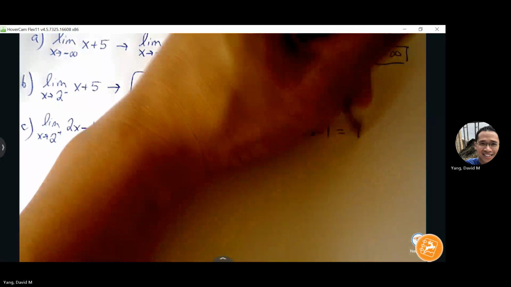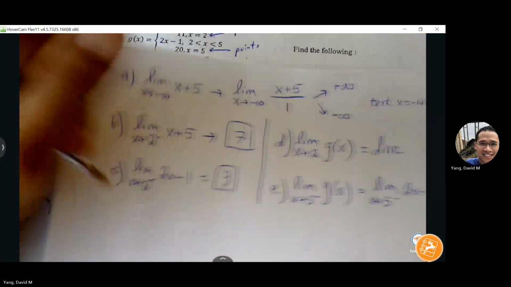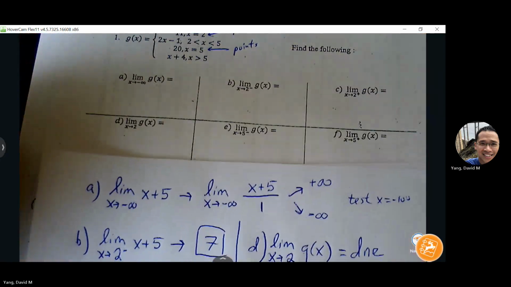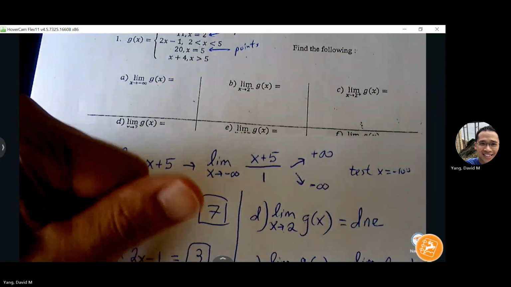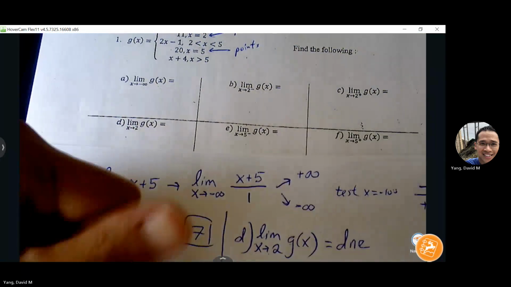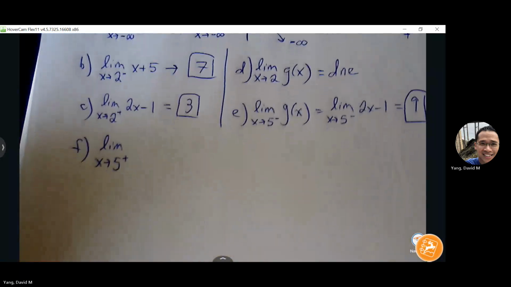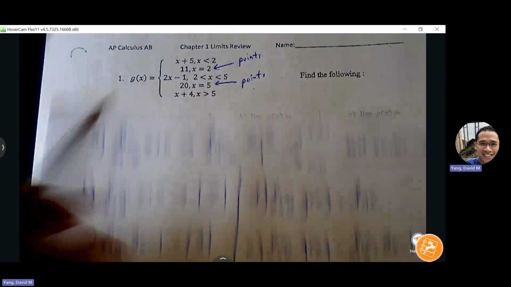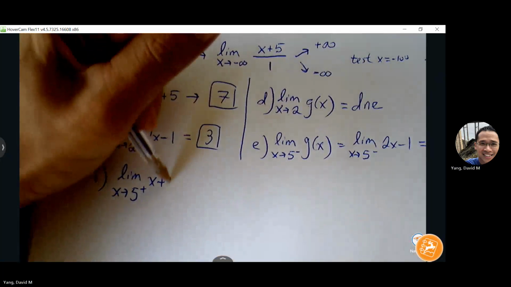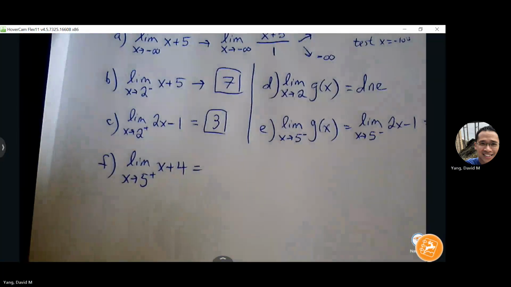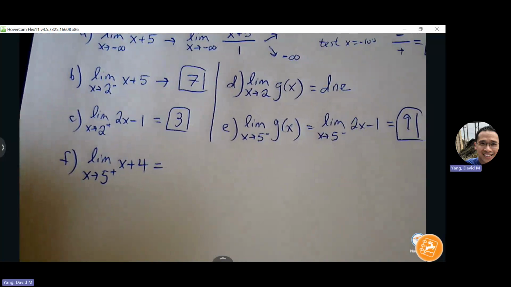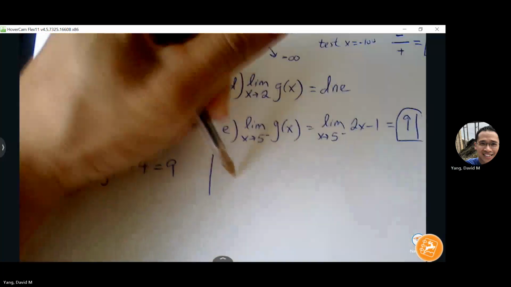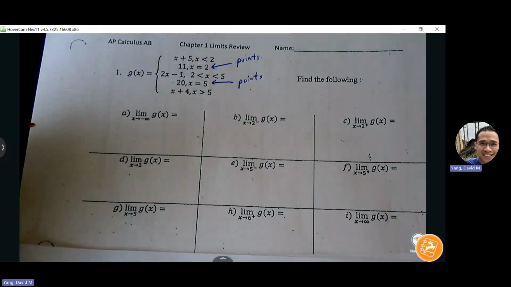That gives 9. Now 5 from the right: x plus 4. Good. That's also 9, also 9.